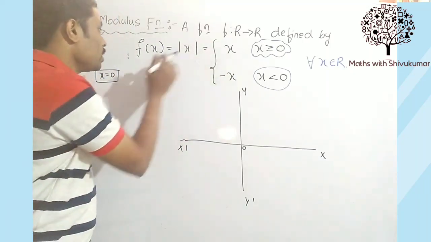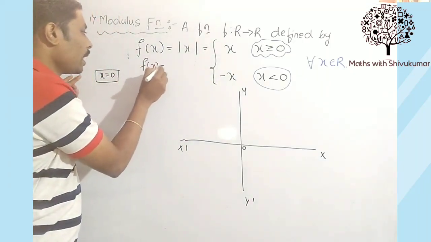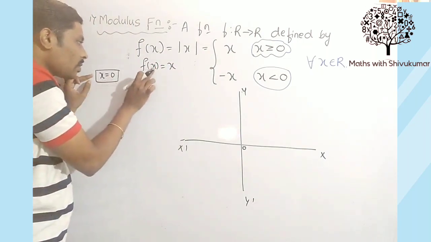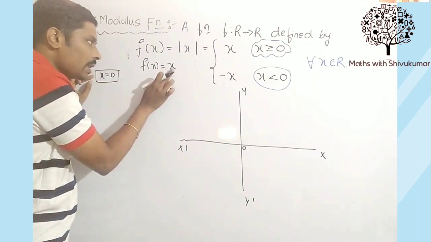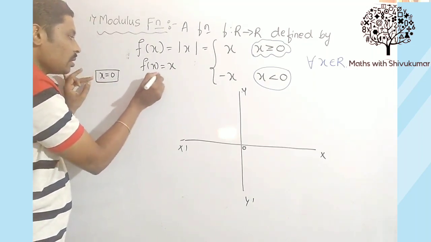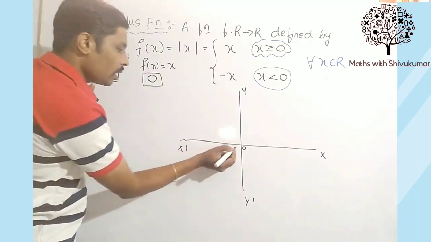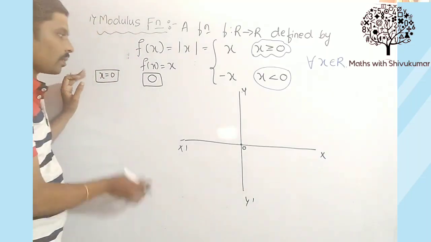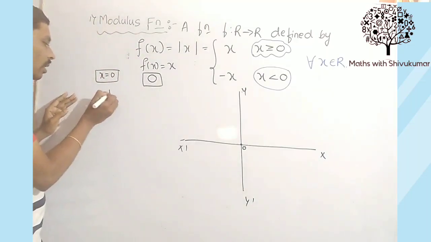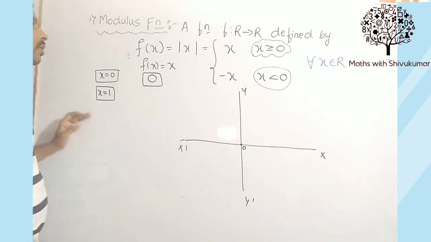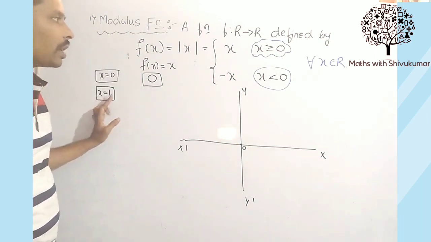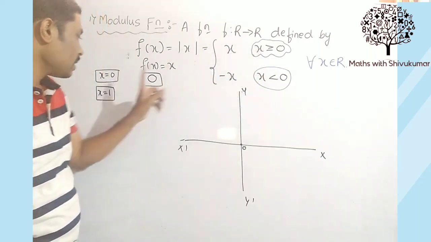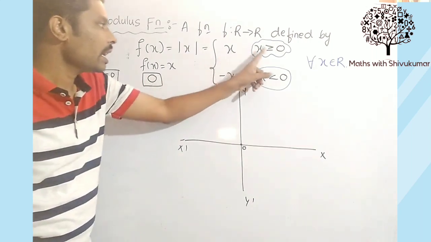So our branch is f of x is equal to x whenever you substitute 0 or greater than 0. If I substitute x is equal to 0, the output is 0. So it is confirmed that if I substitute 0, I get the answer 0. If I substitute any value greater than 0, say x is equal to 1, look here, my dear students, this 1 is greater than 0, again the first branch.